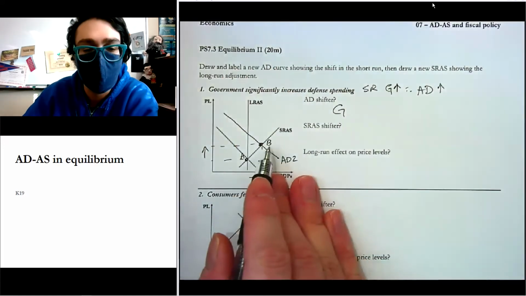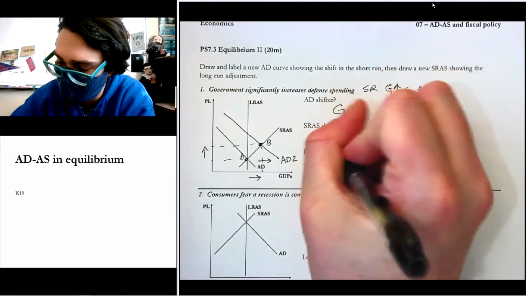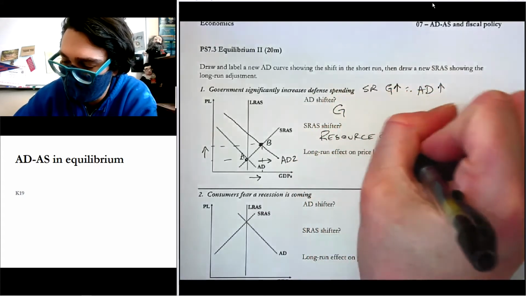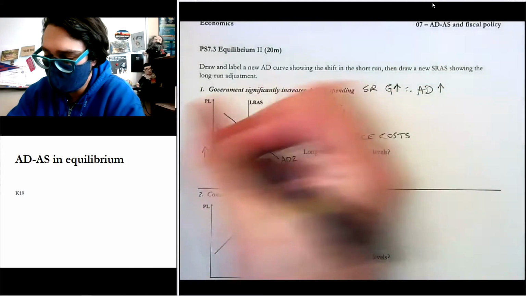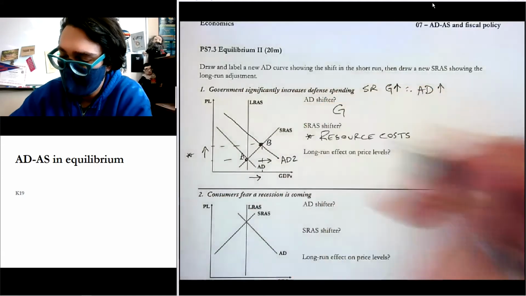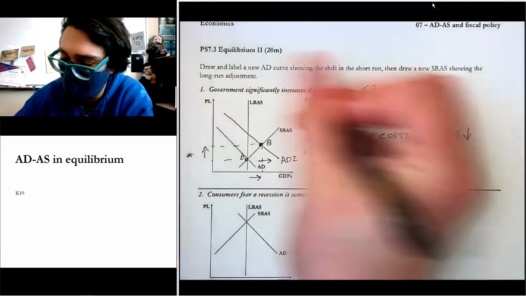Now, when the price levels went up, that caused resource costs to go up. In the long run, resources would become more expensive, and it's because of this part right here. So resource costs go up, therefore aggregate supply is going to decrease.